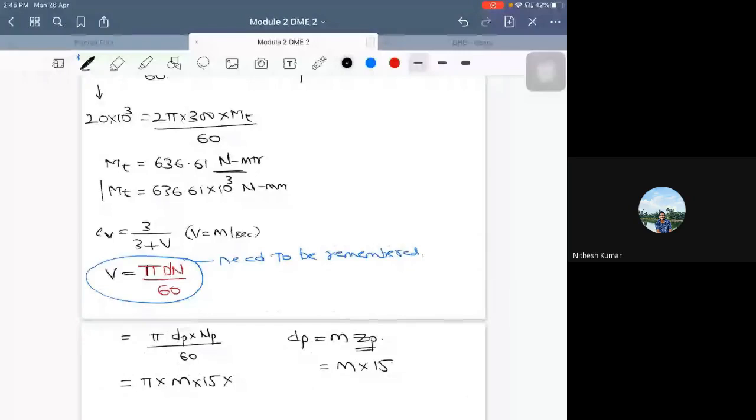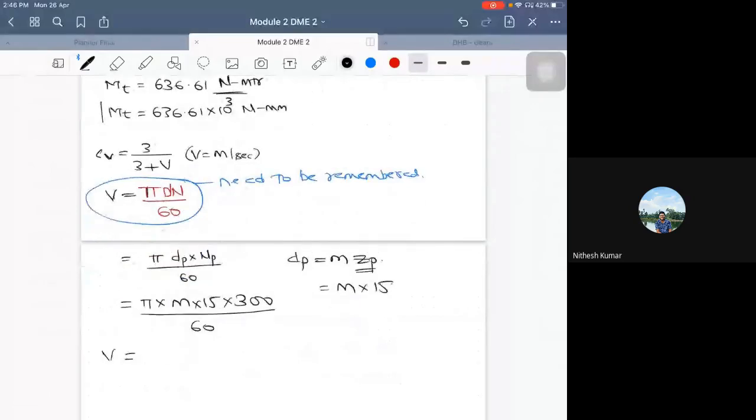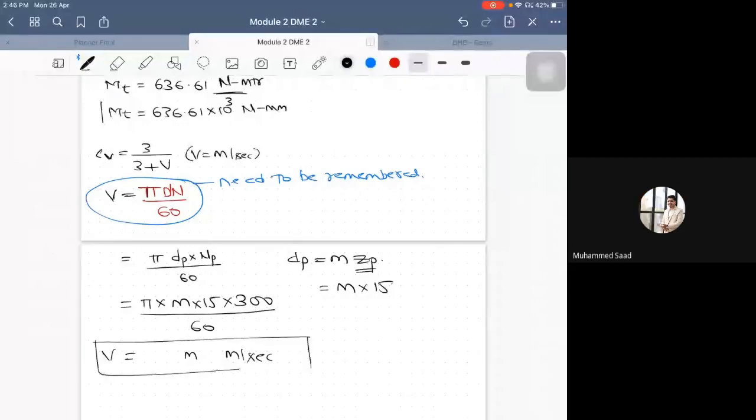So it's 300 divided by 60. Just multiply all the numericals and give me the value in terms of m, meters per second. 235.61 m.